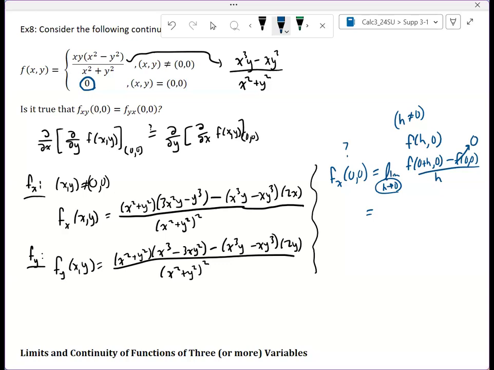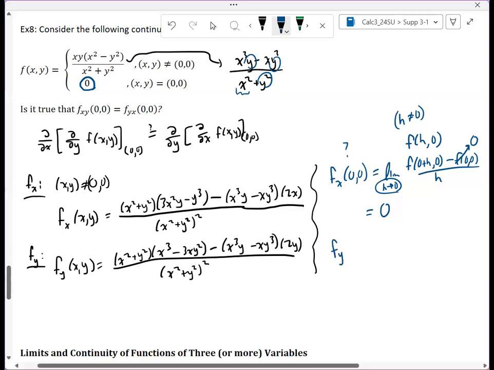That's one of the important conditions of our limit. Well, if the x coordinate is h, not 0, my denominator doesn't zero out. When y is 0, my numerator zeroes out. This is just 0. Okay, so the partial of f with respect to x at 0, 0 is 0.